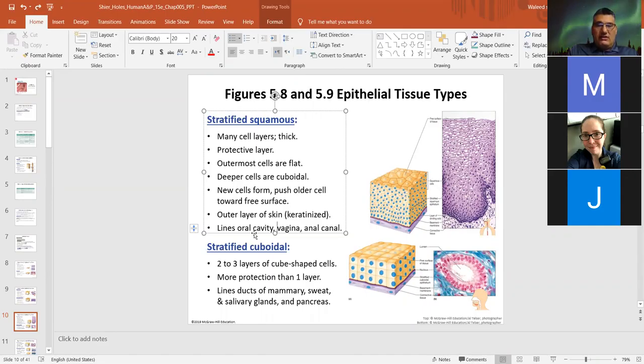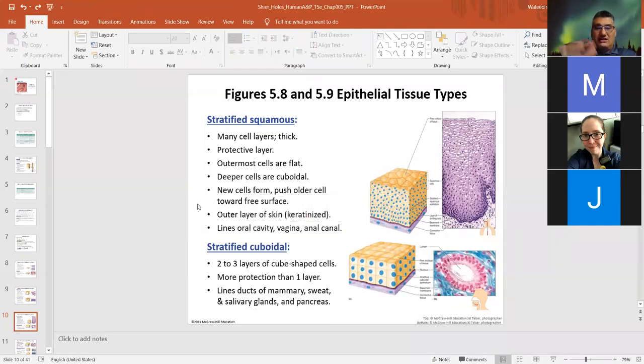It's also available in other types of epithelial tissue that are connected to the outside, like the oral cavity. The oral cavity is a cavity that's open to the outside. The vagina is a cavity that's open to the outside. The anus or the anal canal is a cavity that's opening to the outside. The reason is that anything communicating with or open to the outside will have friction anyway.